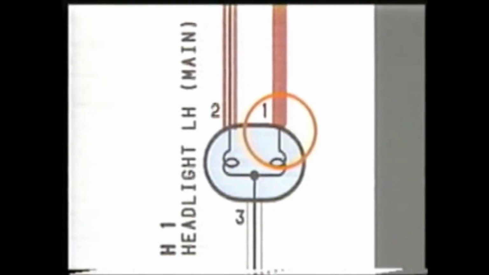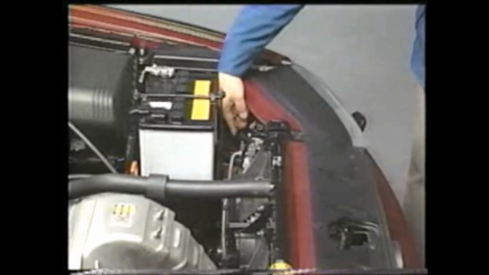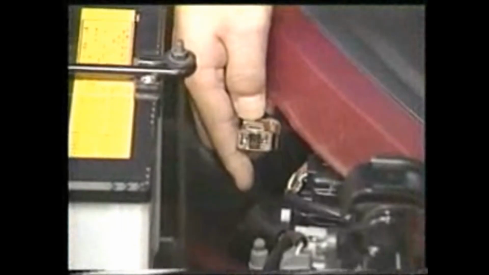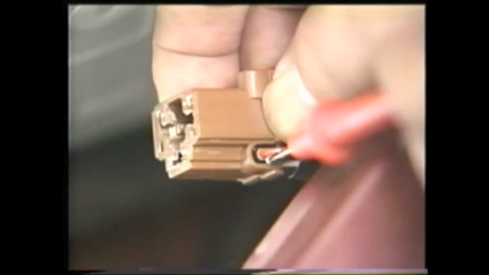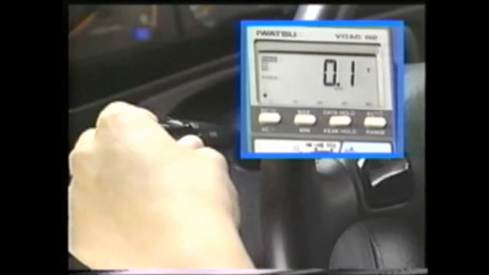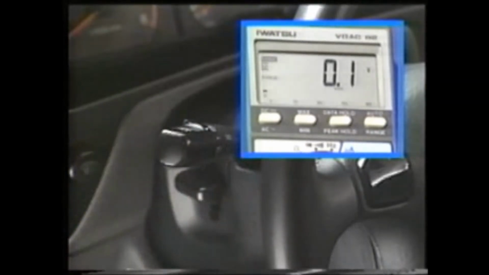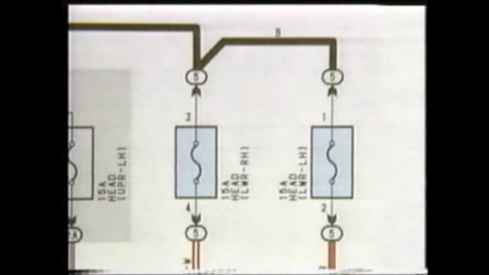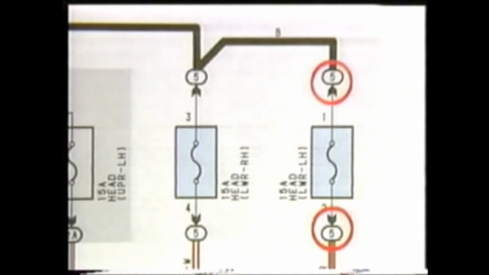First, we check whether there is battery voltage at terminal number 1 of the H1 connector. There is no battery voltage, even when changing to low beam. How about the fuse? The fuse is inside relay block number 5.